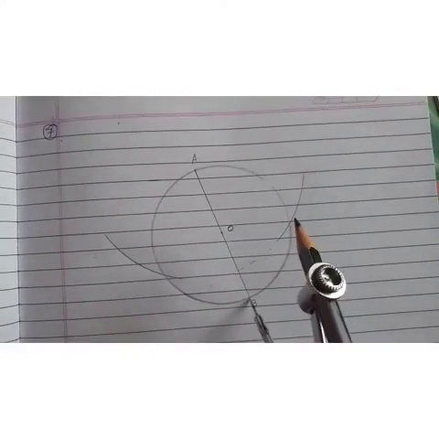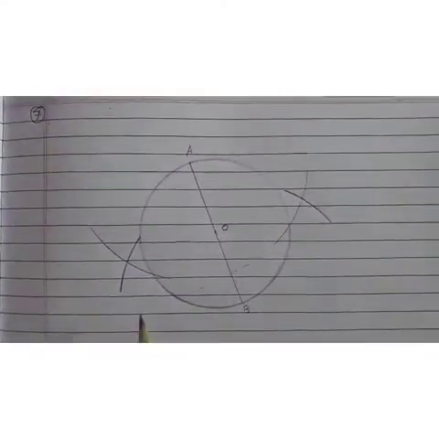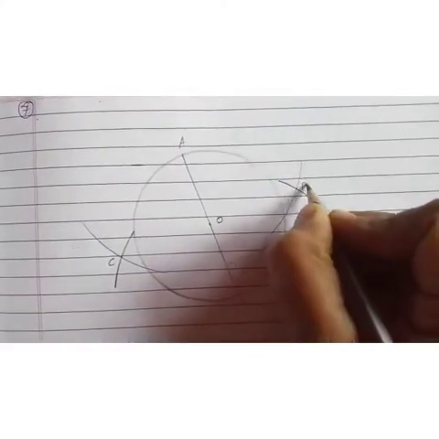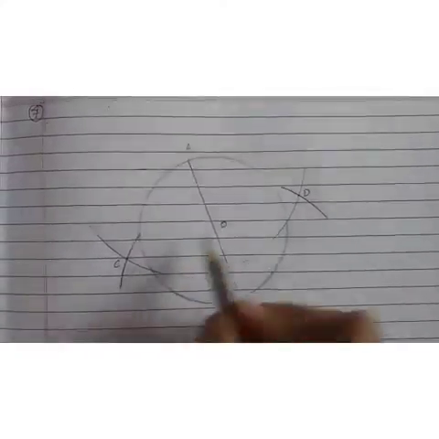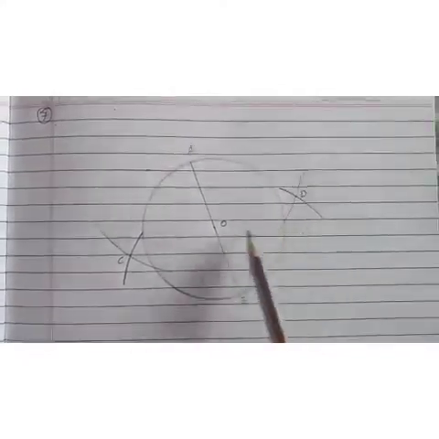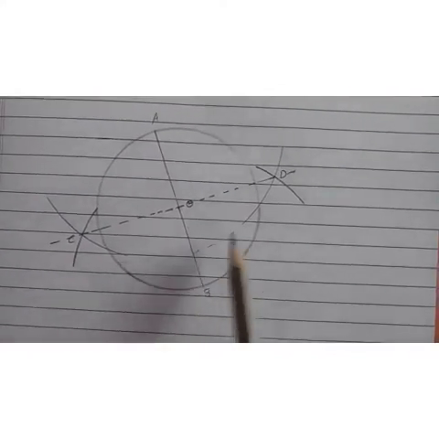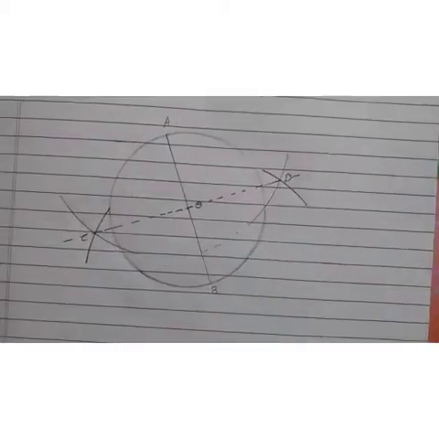I have drawn it. Now with B as center and the same radius, draw an arc above and below. Now we got 2 points here. Mark this as C, mark this as D. Now join the line CD and check whether the bisector passes through the center O. So children, observe the line segment CD, which is your perpendicular bisector.